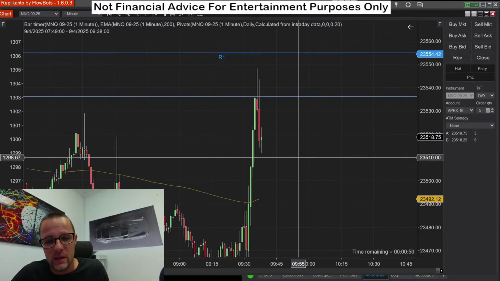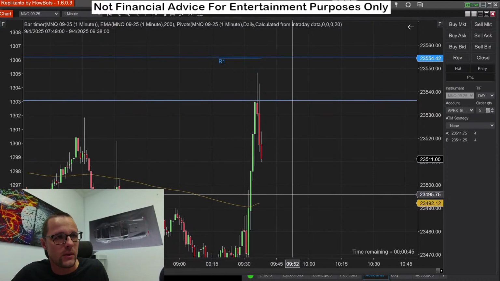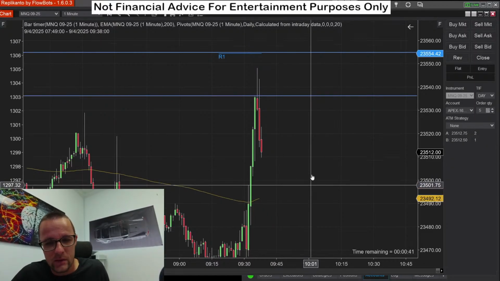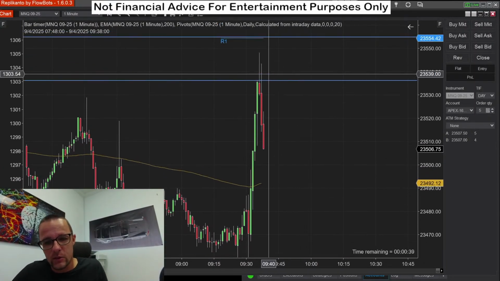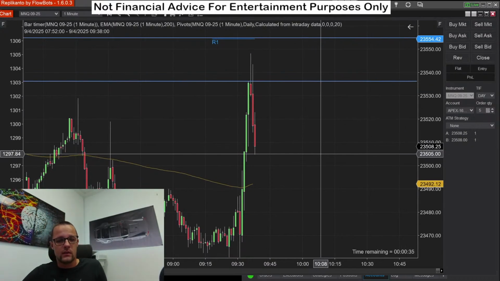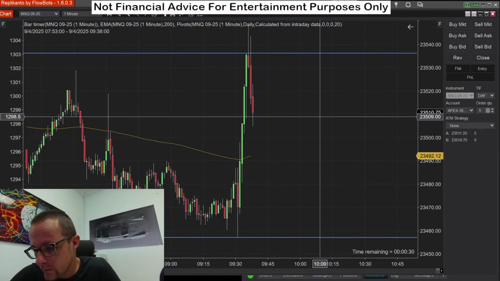Since VWAP is right there, it would have to be a very quick scalp. But like I said, it was close to closing outside, but not quite. So no trade yet.